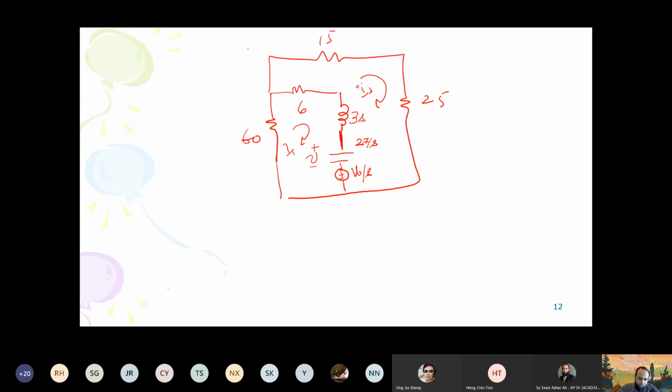I1, I2. Applying mesh analysis, you can use any method, by the way.